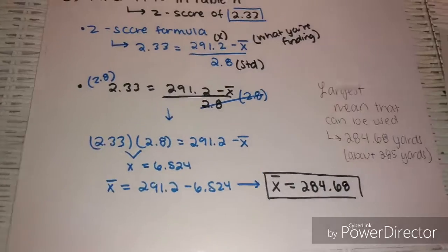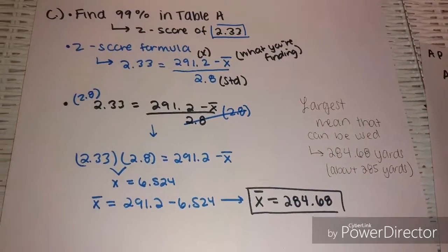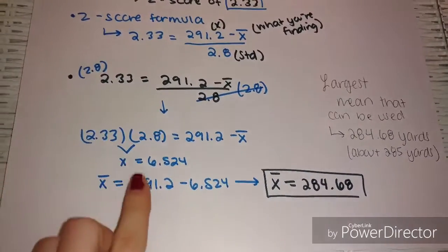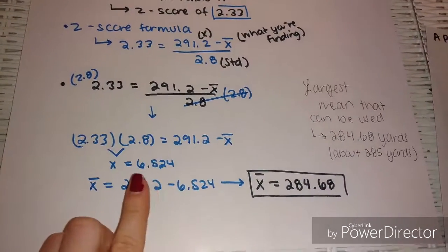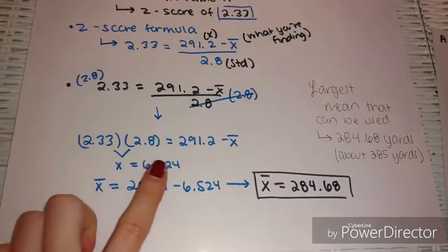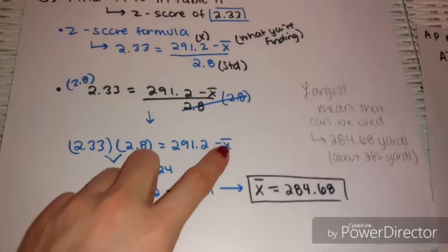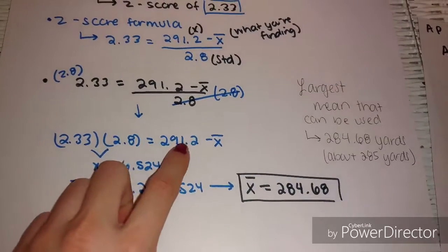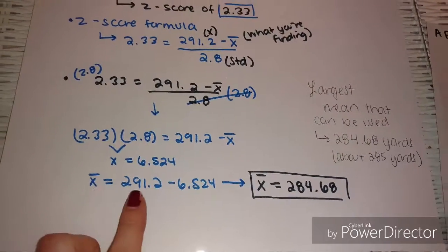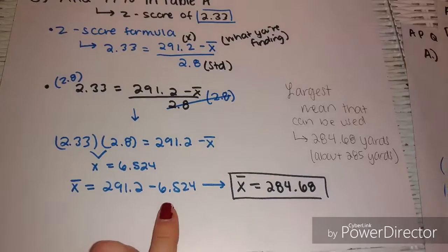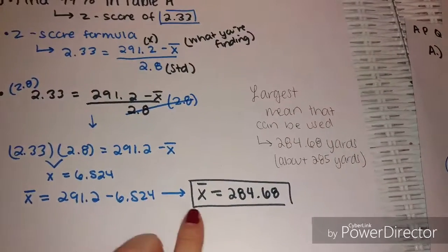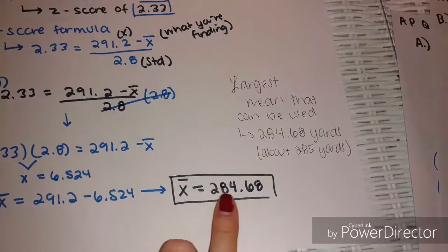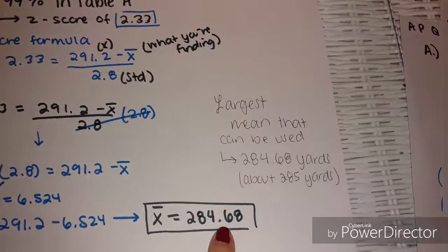And then we're going to do algebra to solve for our mean there. So we multiply these two and add this to the other side and subtract this from that to give us 291.2 minus 6.524 equals our mean of 284.68.